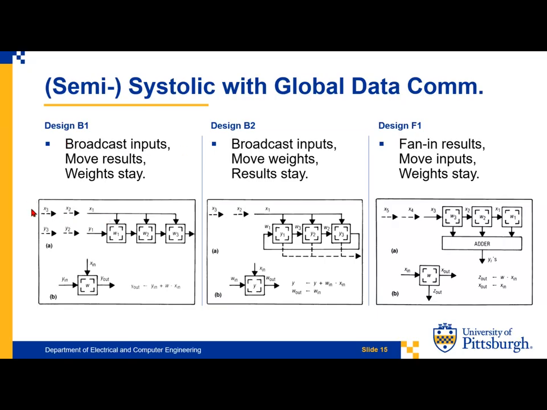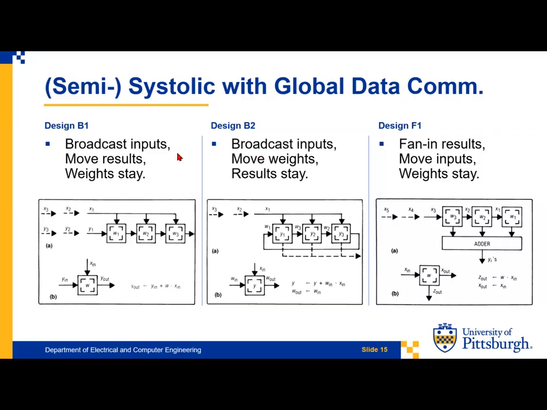It means there is a global buffer to broadcast the input. And F means fan-in of results. It means there is an adder, and the results will fan in and feed into the adder to get the final result.